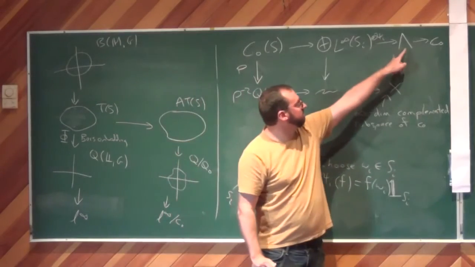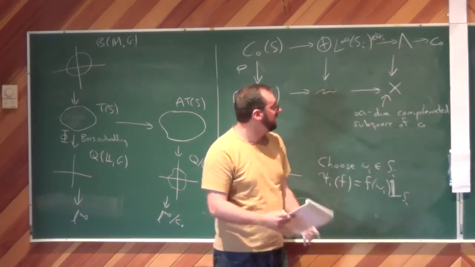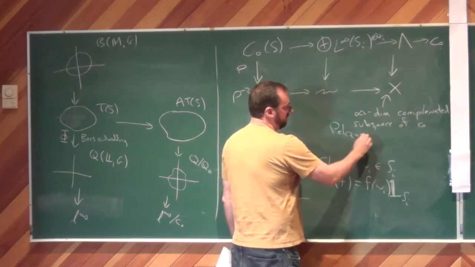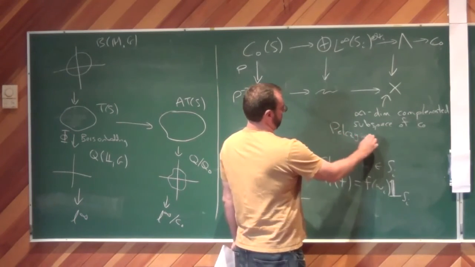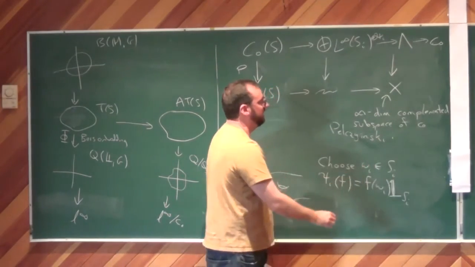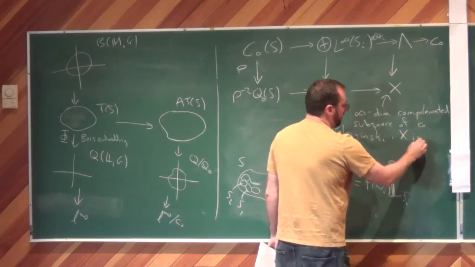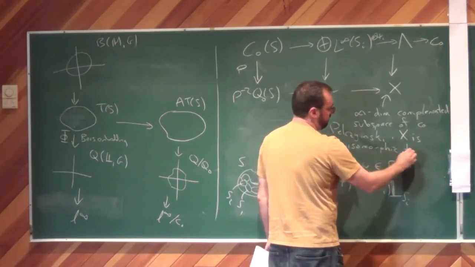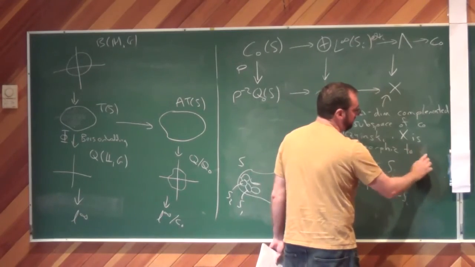So this is a projection from basically C0 down to here, and then the result of Pelczynski says, that may or may not be correct, X is isomorphic, or bi-Lipschitz equivalent in our language, to C0.